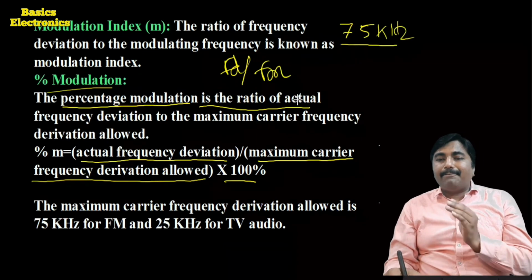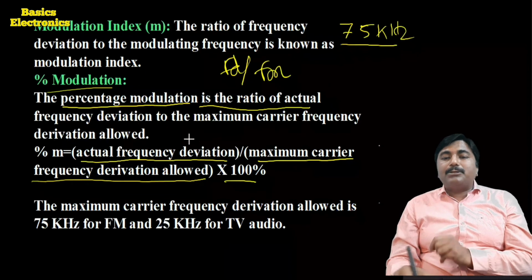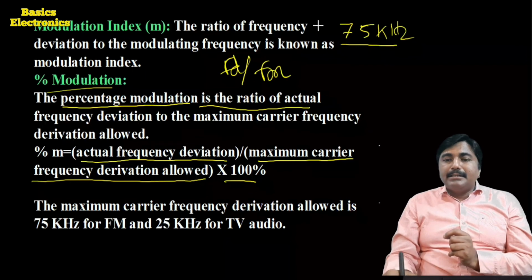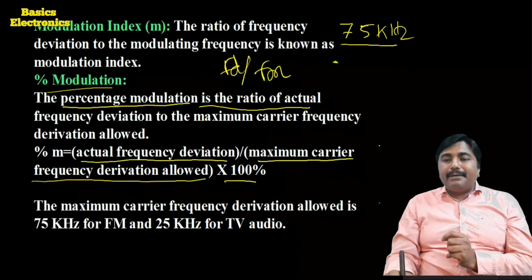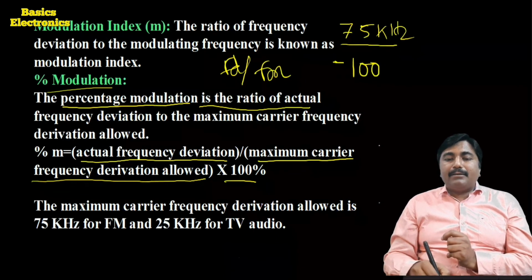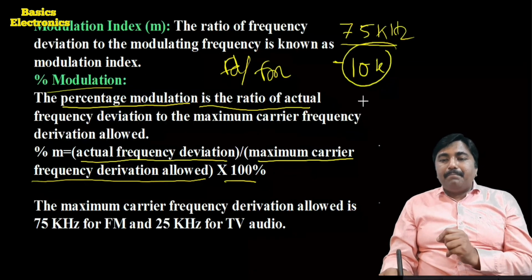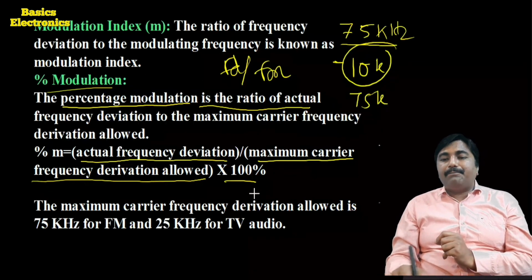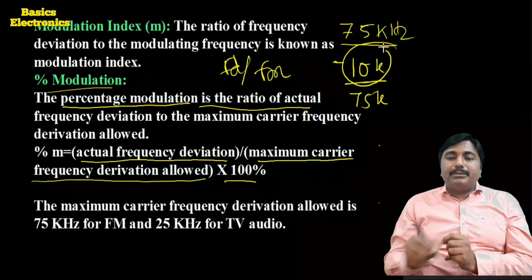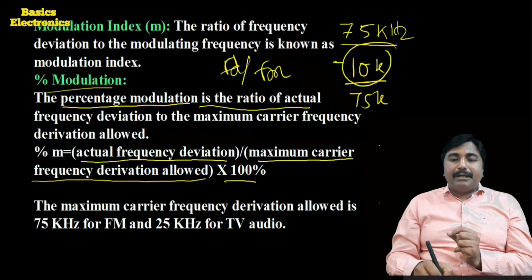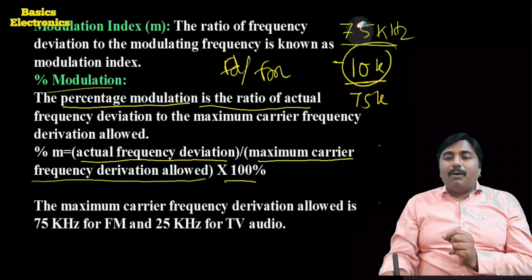So while doing the frequency modulation, suppose the actual frequency deviation is 10 kilohertz and the maximum frequency deviation allowed is 75 kilohertz, then the ratio of this multiplied by 100% is what we call the frequency percentage modulation.